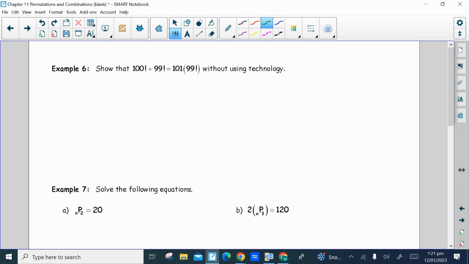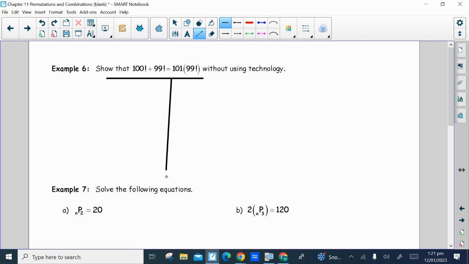So example 6 says, show that 100 factorial plus 99 factorial is equivalent to 101 times 99 factorial without using technology. Here's how this works. It's actually not too bad. Once we go through it, you'll see. 100 factorial plus 99 factorial.